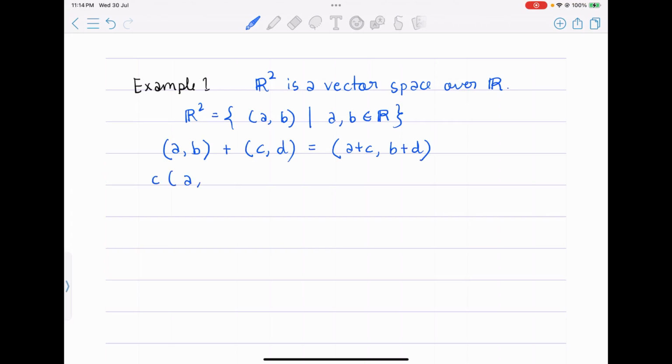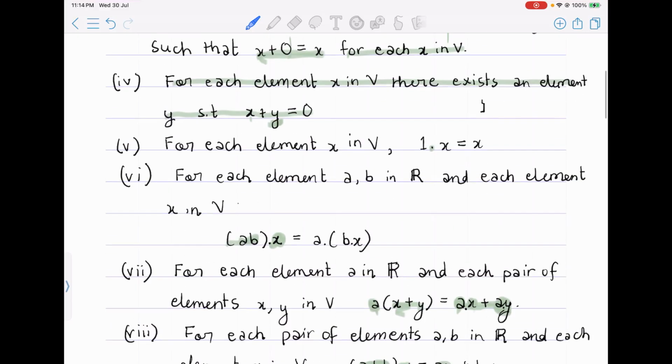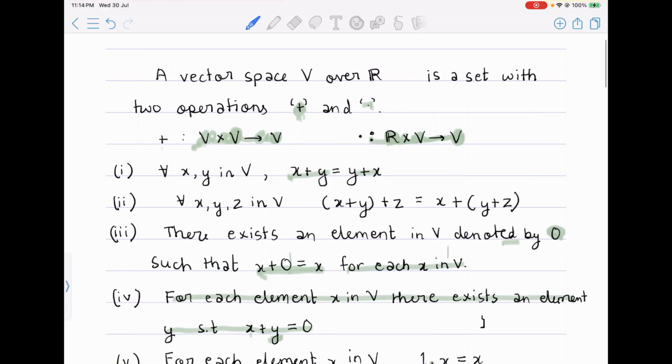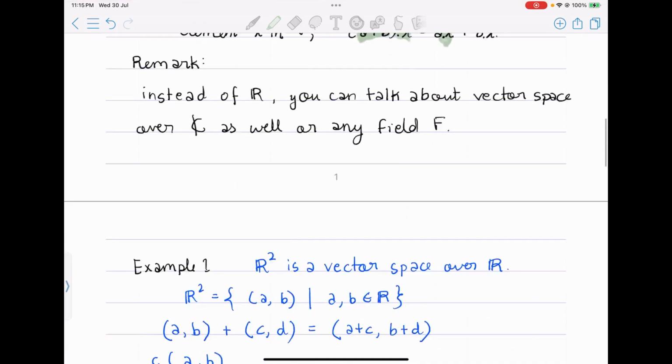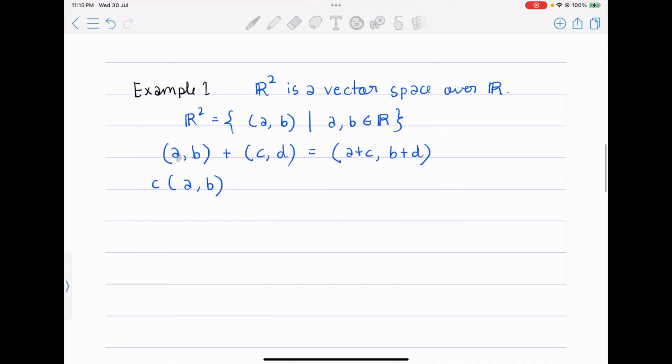We also want a dot product, right? Here you can see we define the addition. Two vectors we are adding coordinate-wise, like a is getting added to c, b is getting added to d.